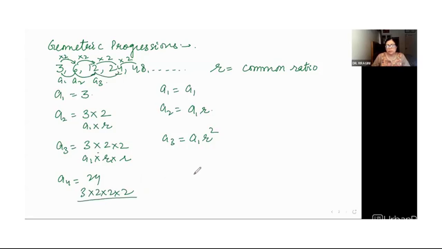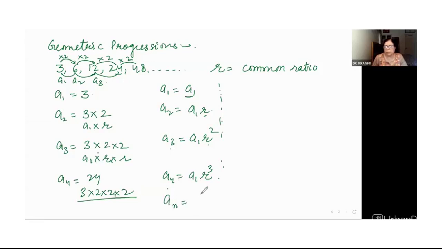So A4 is what? A1 R cube, as R is getting multiplied 3 times. Check the pattern here. In the second term, R is getting multiplied once. When we have the third term, R is getting multiplied twice. In the fourth term, R is occurring with power 3. So if you check the pattern, we can find the nth term of a geometric sequence by this formula.